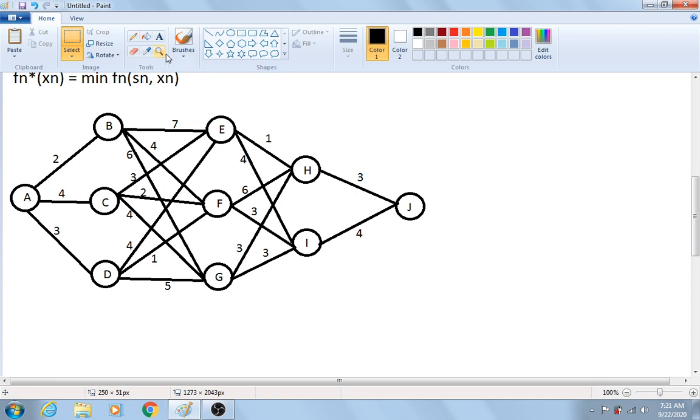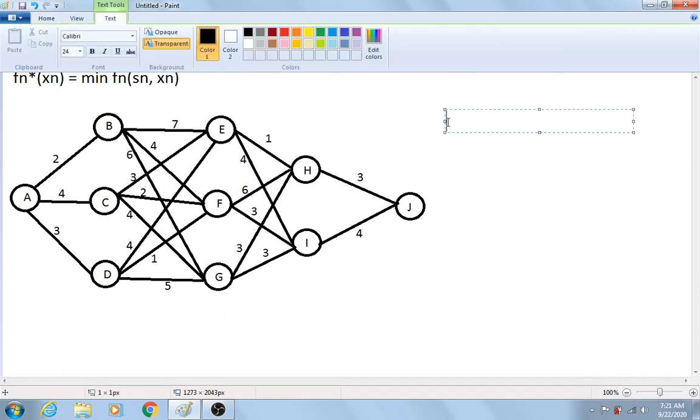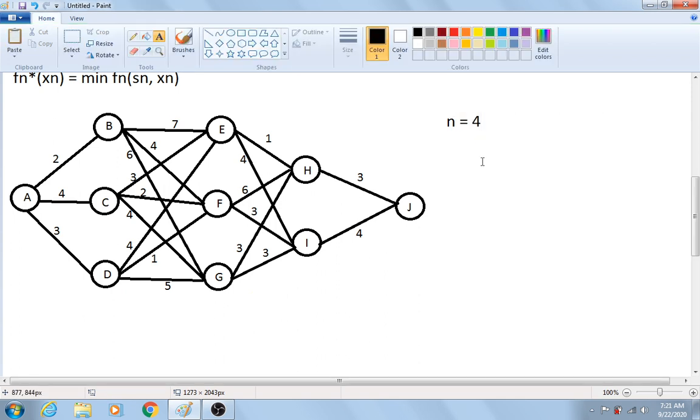Now remember, we will do it backward, so we start from n equals 4. That is our last stage. So what is our cost function?